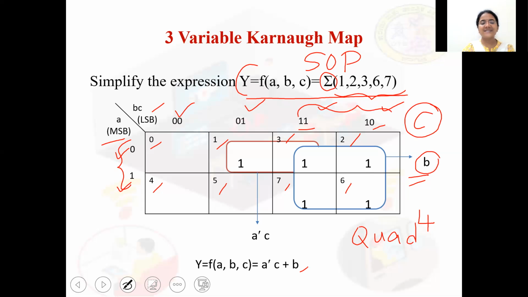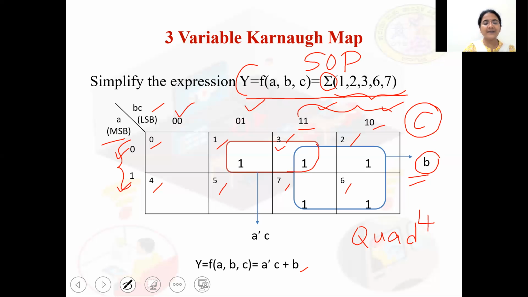Next, which min term is left over? Min term 1. Since min term 1 is adjacent to min term 3, we can group min term 1 and 3. And what is the reduced expression?